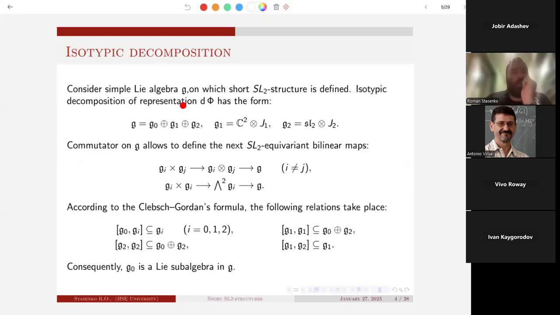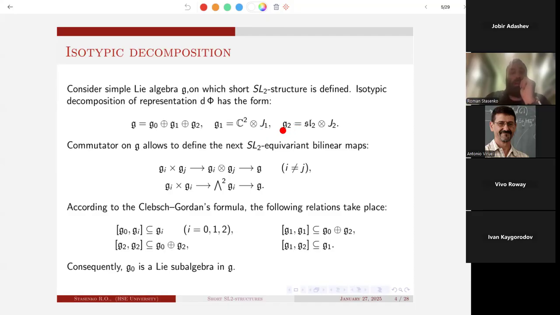The isotypic decomposition in our case consists of three summands. The first summand is G0, the subspace of SL2 invariant vectors. G1 is the tensor product of the two-dimensional vector space on which SL2 acts, and some other space G1.